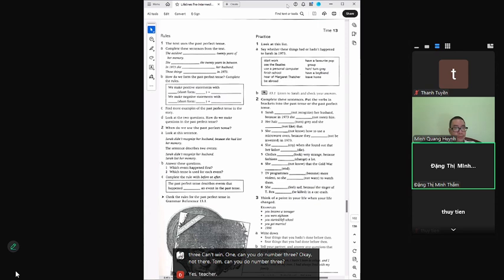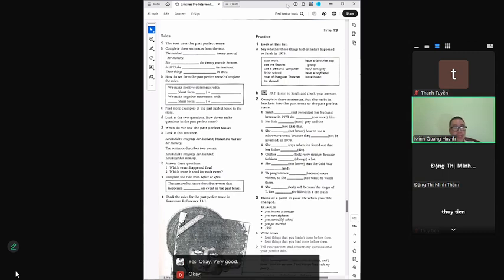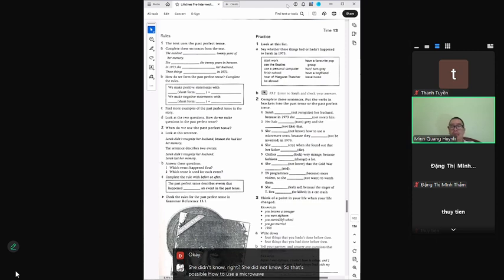She did not know how to use a microwave oven because they had not been invented in 1973. Okay, very good. She didn't know, so that's the past simple. How to use a microwave oven because they hadn't been invented. Past perfect in 1973. Good.